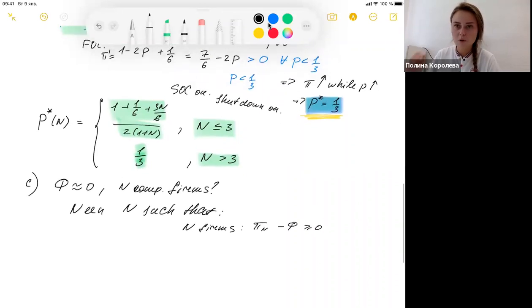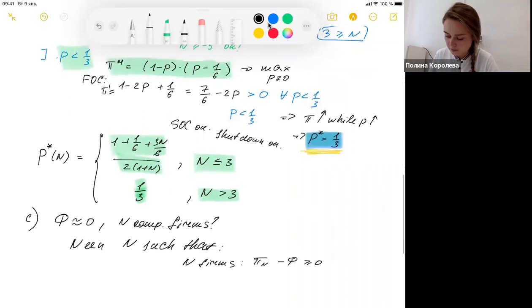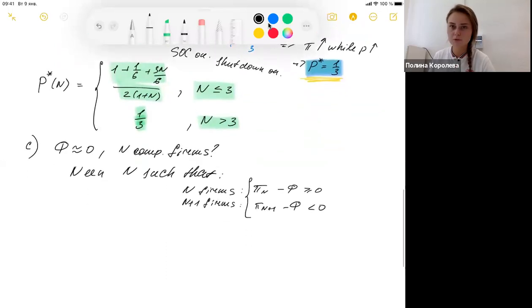But if one more firm enters, n plus 1 firms, we will have lower profit for each competitive firm because competition grows, and profit minus entry cost should be less than 0. So this will be a stable situation. Nobody wants to enter, nobody wants to leave. So from here we will find such a number of firms.